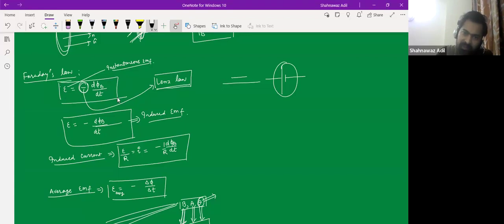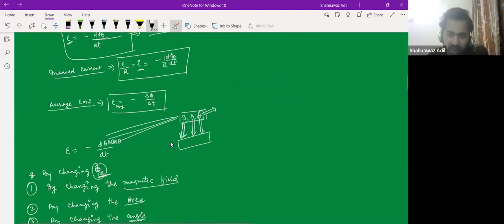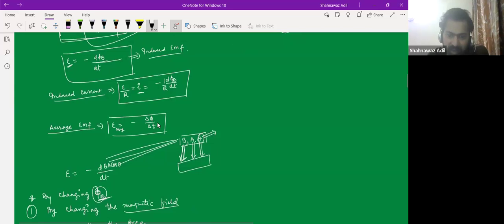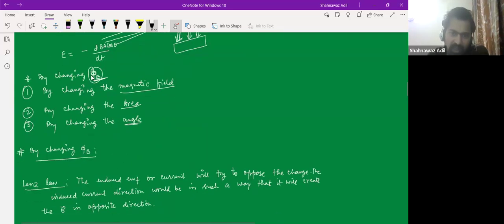So this is Faraday's law, and from this EMF we can calculate the current, and from this current we can calculate the charge as well, right? So all these things we will see. I have discussed how we can change this magnetic flux: by changing the magnetic field, by changing the area, by changing the angle, right?